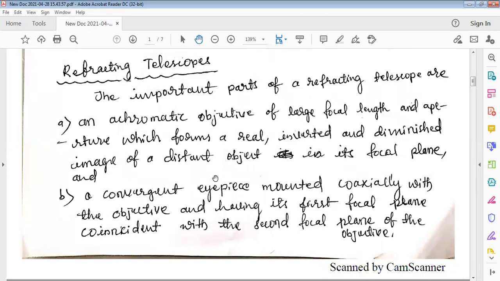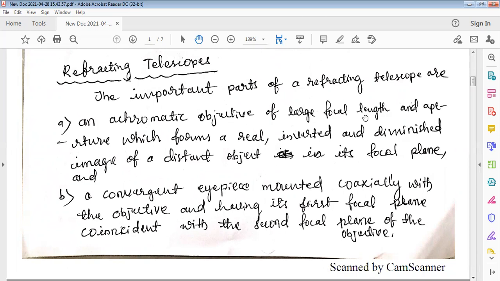The objective is an achromatic objective, that means chromatic aberration is removed. That kind of lens is called an achromatic objective, and it has a very large focal length.